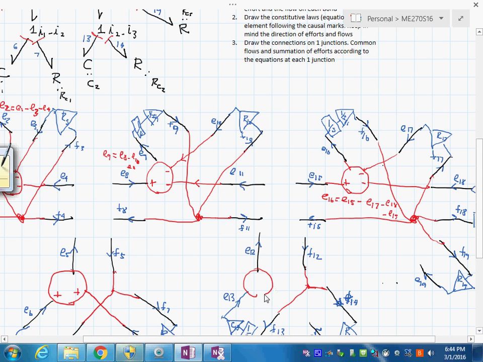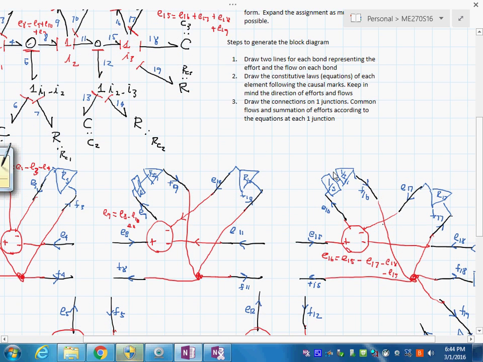How is it written in here? It says that F5 is equal to F sub 4 minus F sub 8. So that means this would be plus and this would be a minus.